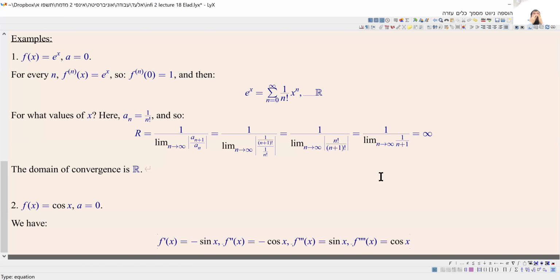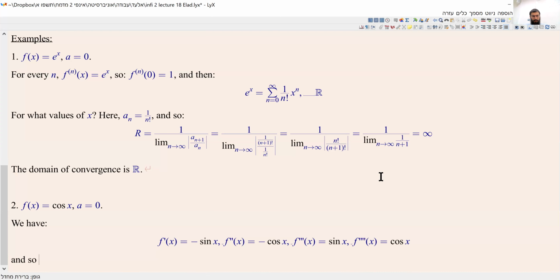So it's not the same derivative at every step, but we do have a nice cycle: cosinus, minus sinus, minus cosinus, sinus, and again and again. Now, we put 0, that's our point a, and so on.